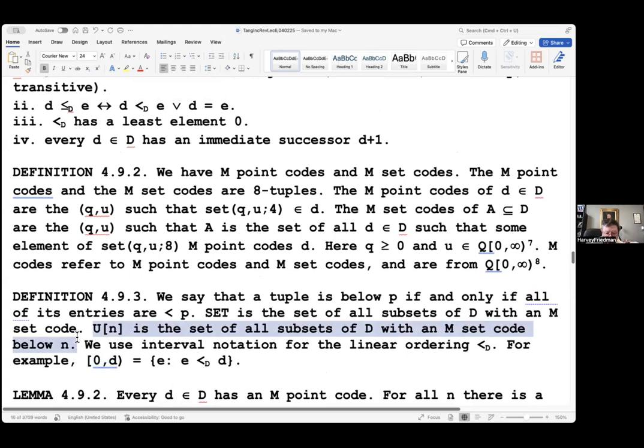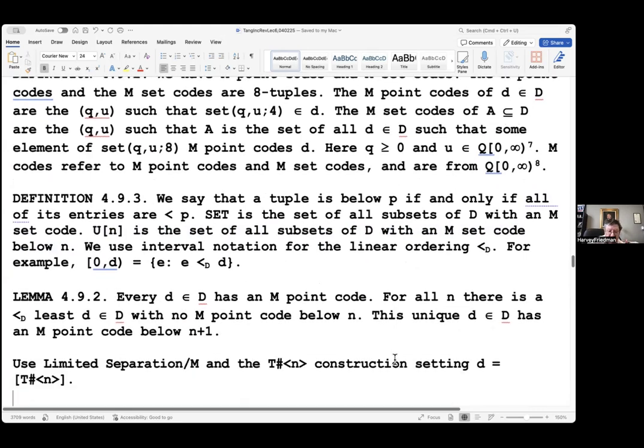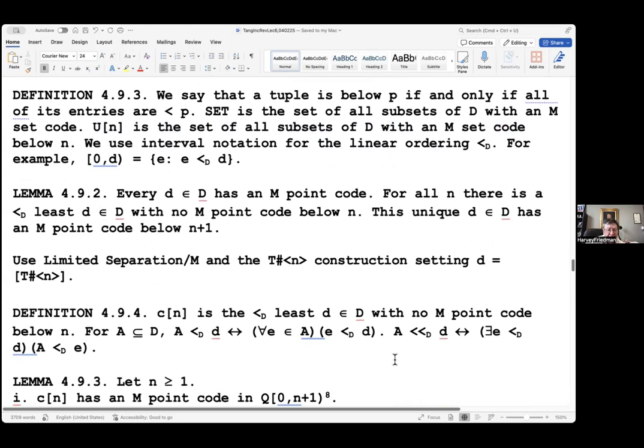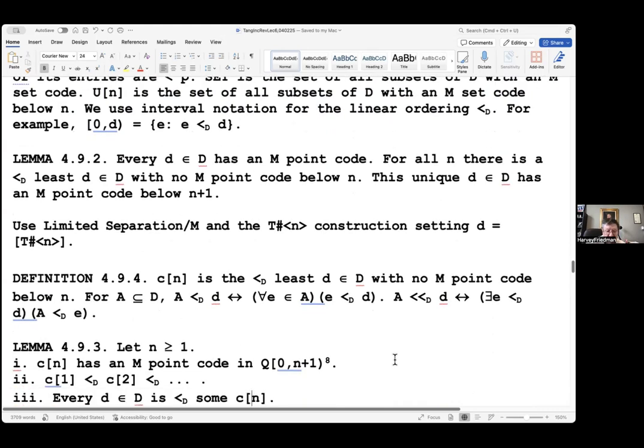U of n is the set of all subsets of D with an M set code below n. See, that's very important. U of n is the set of all subsets of D with an M set code below n. All right, that's where we were.